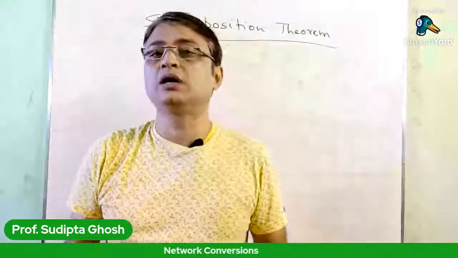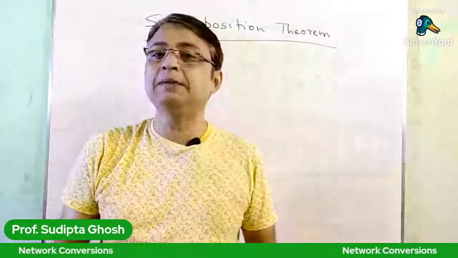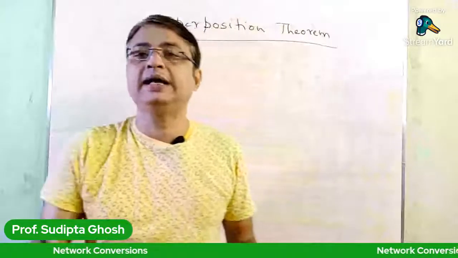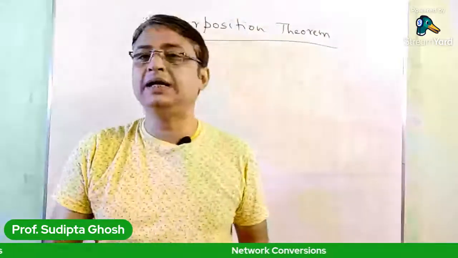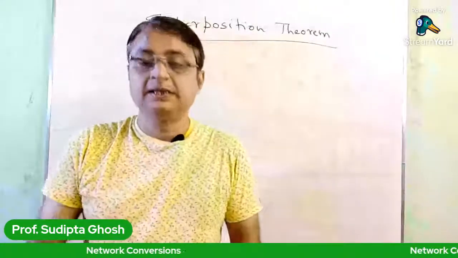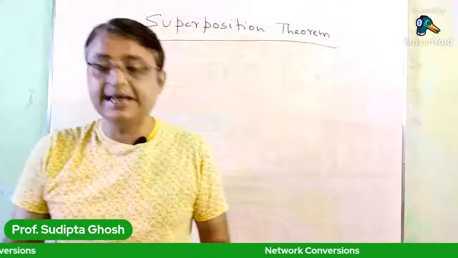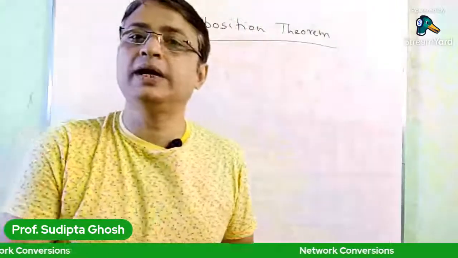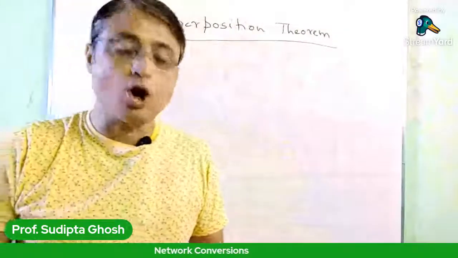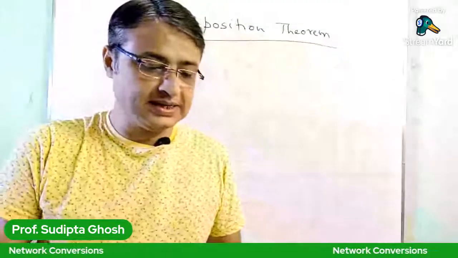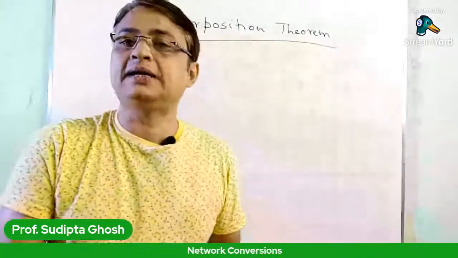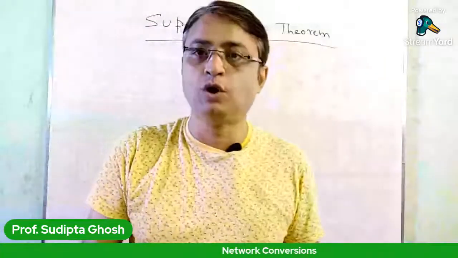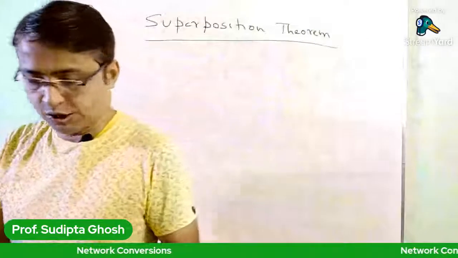In any linear network containing bilateral linear impedances and energy sources, the current flowing in any element is the vector sum of the currents that are separately caused to flow in that element by each energy source. Okay.